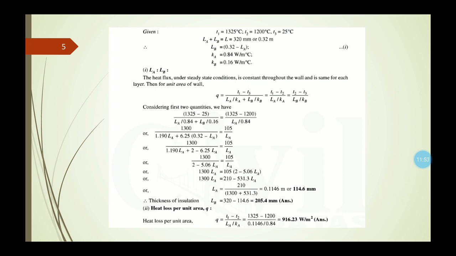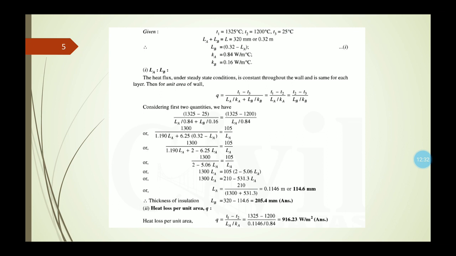Now for the next part, we need to calculate the heat loss per unit area. The formula is familiar to us. So Q equals T1 minus T2 divided by LA by Ka. As these values are given in the question, T1 is 1325 and T2 is 1200, the thickness for the fire brick we have calculated just now is 114.6 millimeter, and the thermal conductivity for the fire brick is also given as 0.84 watt per meter degree centigrade.